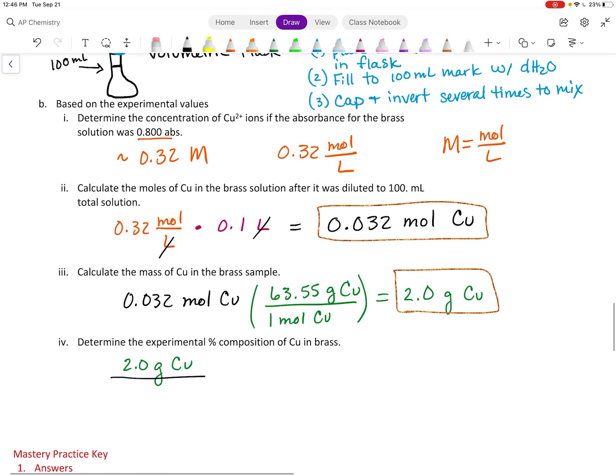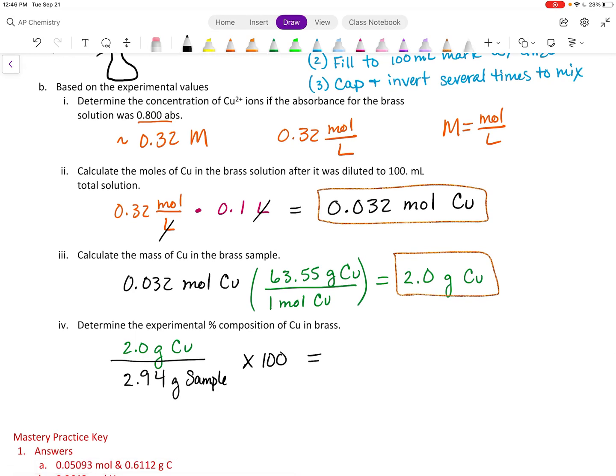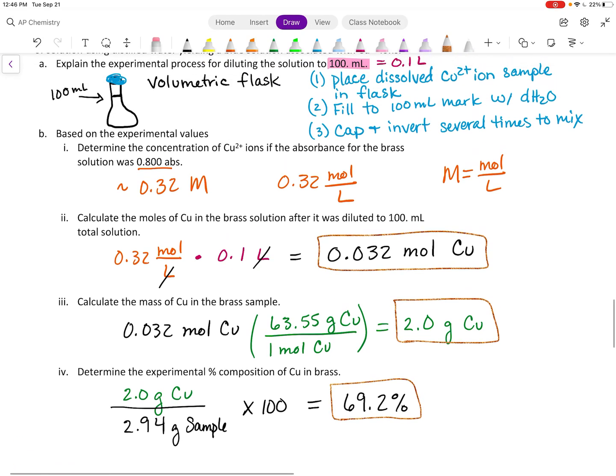Okay, so we're going to divide it by the 2.94 grams of the sample, and then multiply by 100, and we should get around 69.2%. I didn't round my previous number when I plugged this into the calculator. Okay, if you put in just 2, it might be just a slight bit off from that.